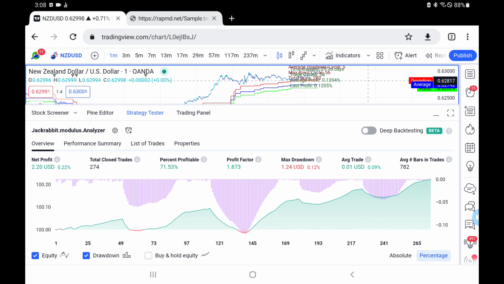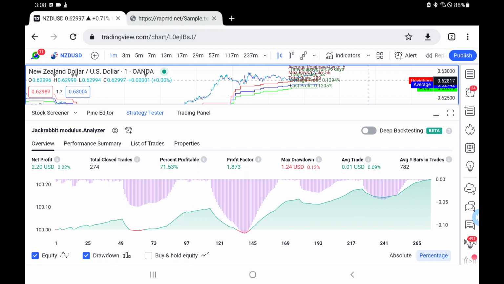Now it's 274 trades, so it's going to be profitable for the long term. But you have to consider your own personal situation with respect to how this system functions.